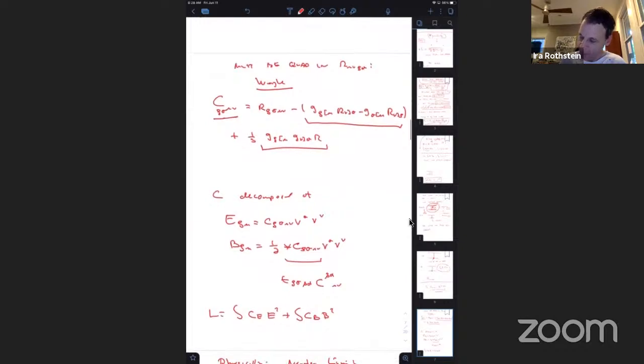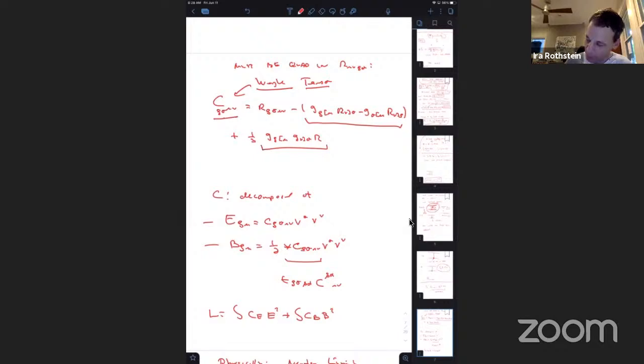So this is the Weyl tensor. And we can further decompose the Weyl tensor into electric and magnetic parts. Given V^μ, which is any time-like vector, in our case the tangent vector to the world line, we can decompose it into what's known as the electric and magnetic pieces of the Weyl tensor.